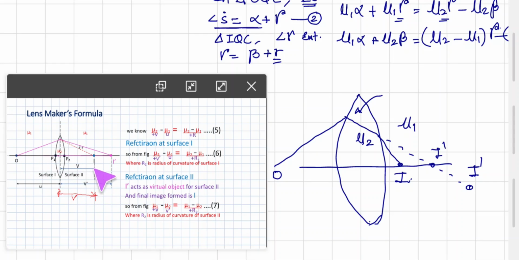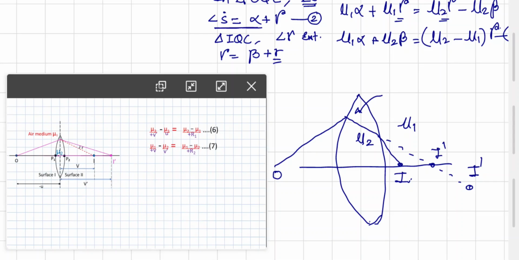So here the image I is at distance v. Now we have got two equations, this one for surface 1 and this one for surface 2. Now we will add these equations. Adding equations 6 and 7, we get mu1 upon v minus mu1 upon u.